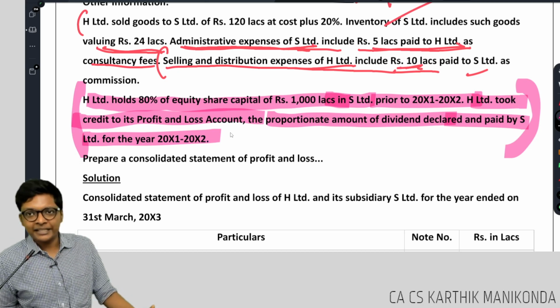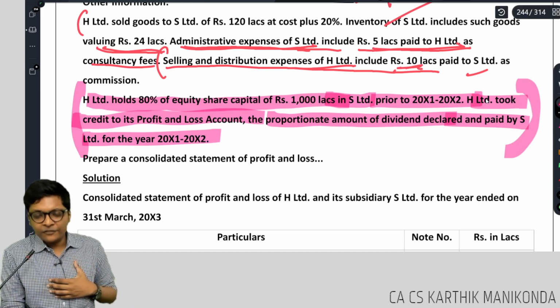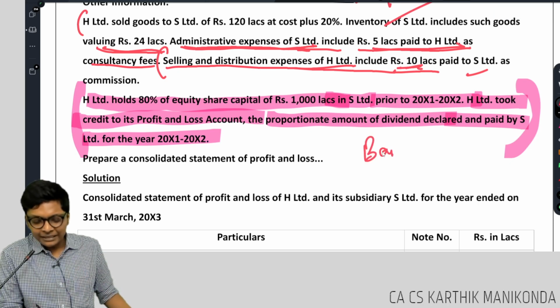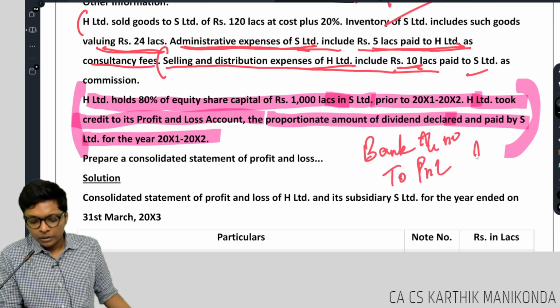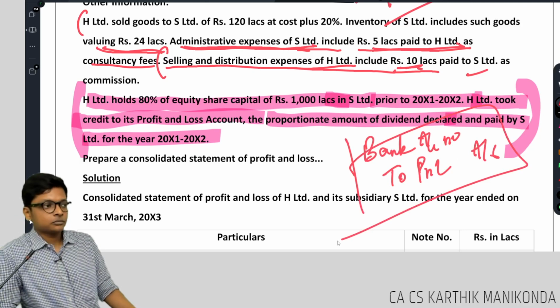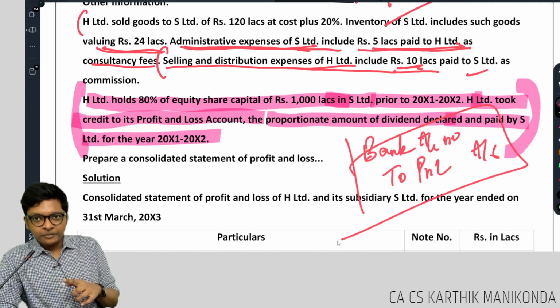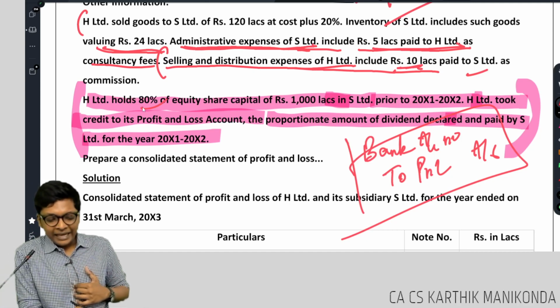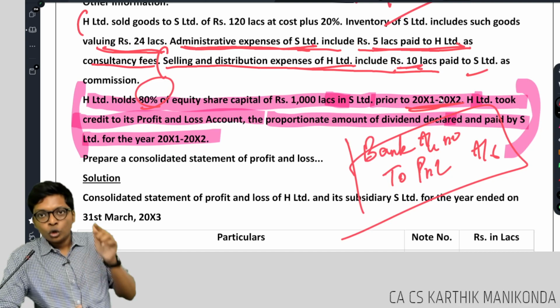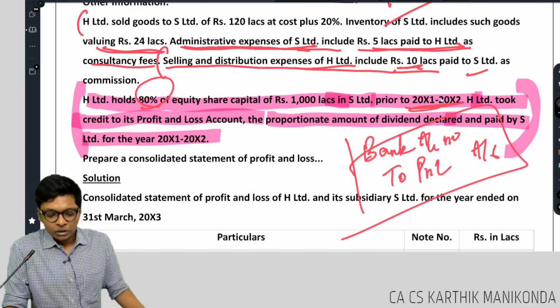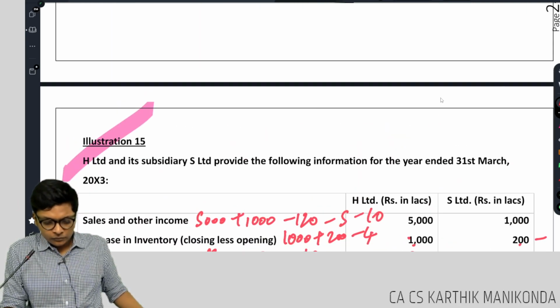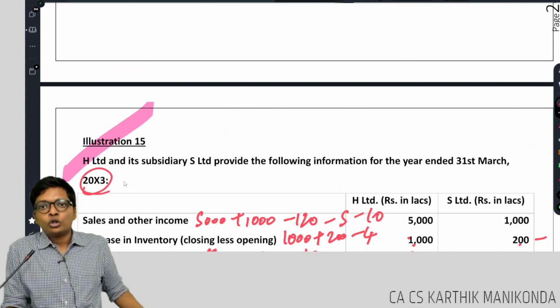That means the dividend received from S, I passed an entry like this: bank account debit to P&L account. Is this correct? I should reduce from investment, but look at this. I purchased prior to 21-22. This is which year? 22-23.